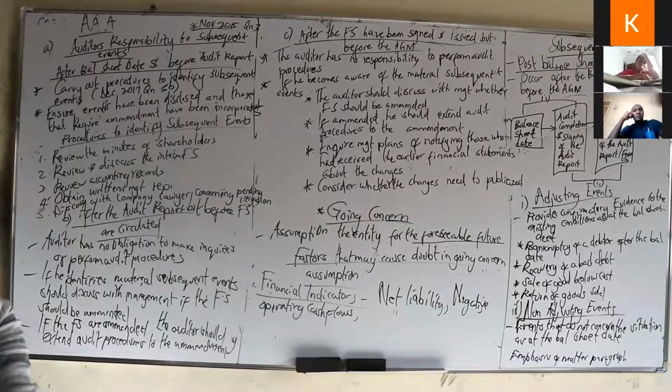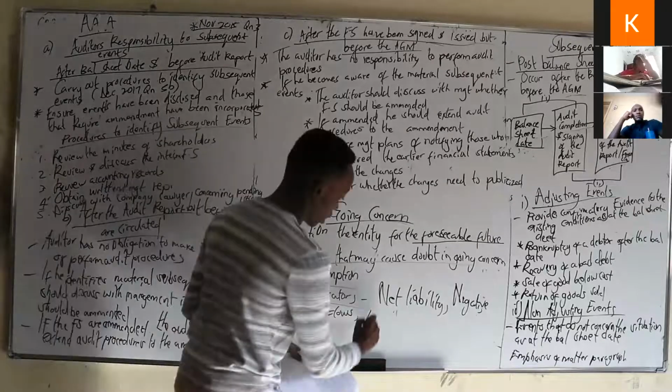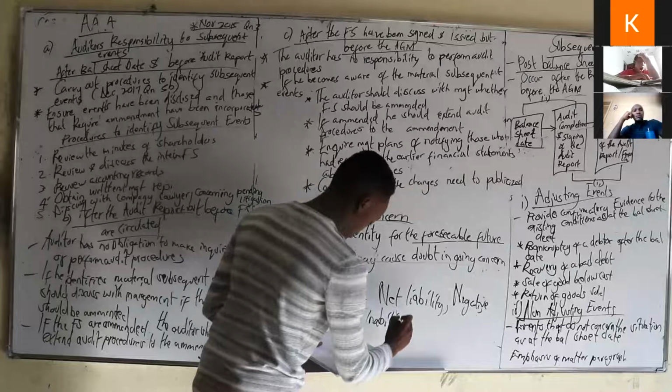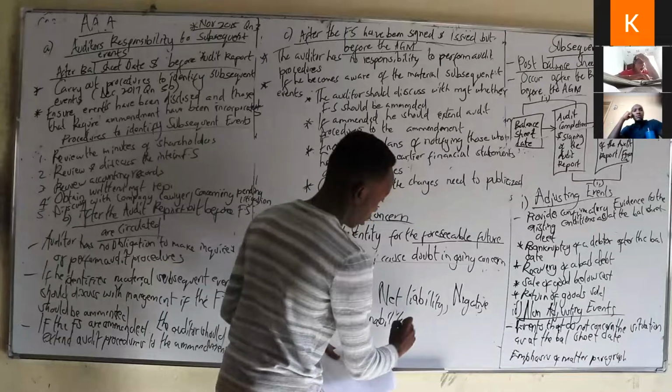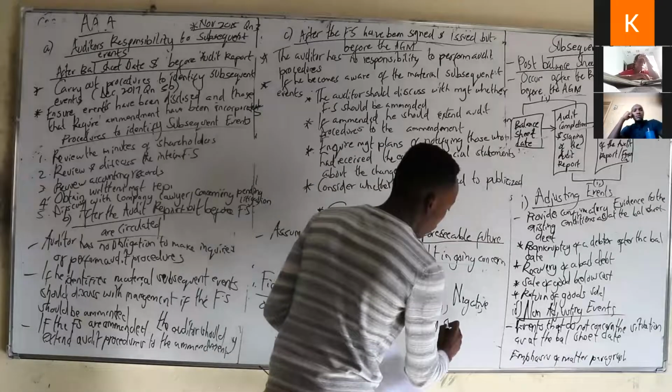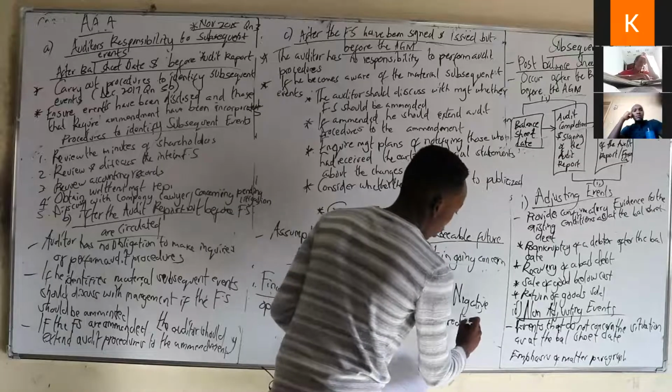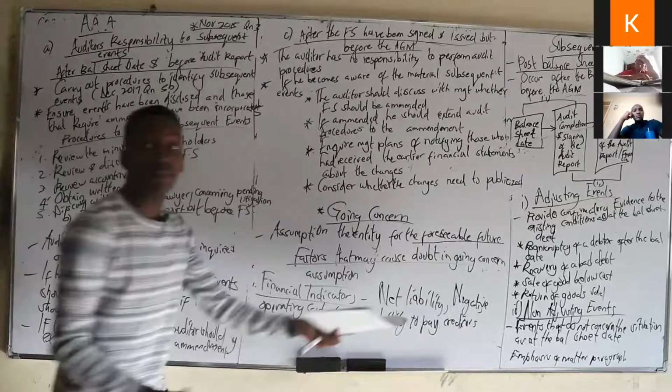And then also their inability to pay creditors. If they cannot meet their obligations, it means that this company does not have the necessary resources.